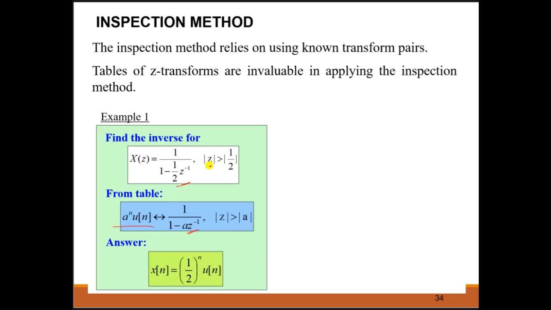So here it shows, it is |z| bigger than 1/2, right. Okay, so that means you know this is the one, so how do you know which one to use, as before.